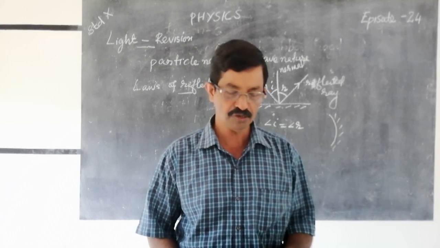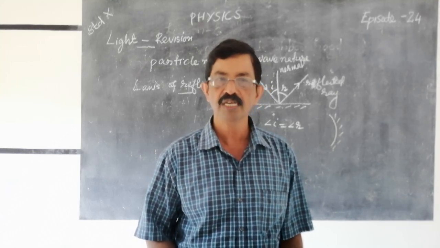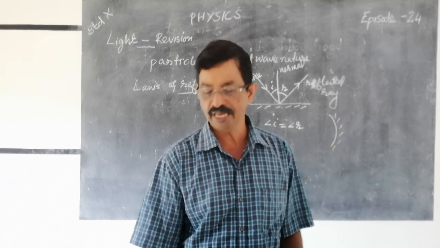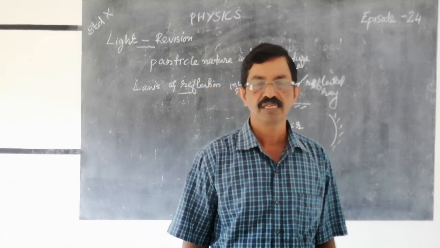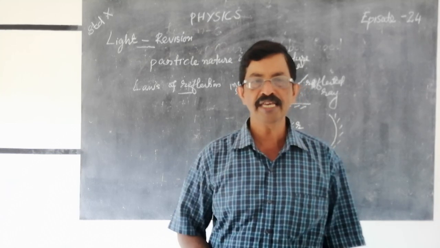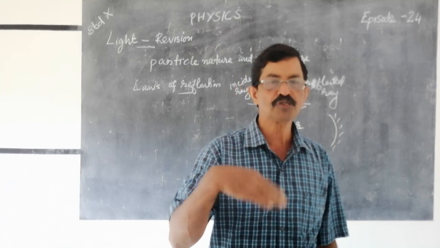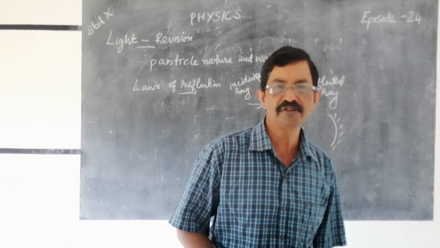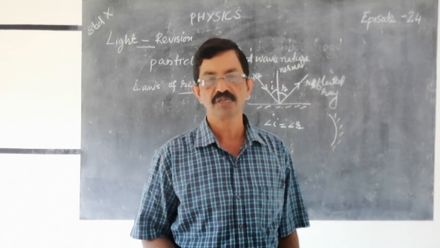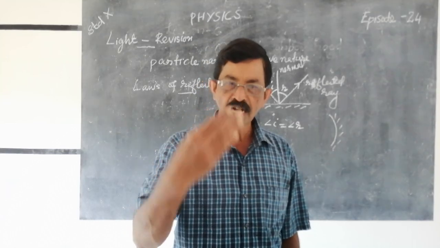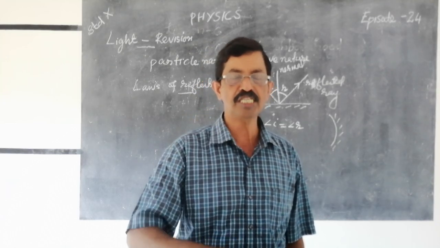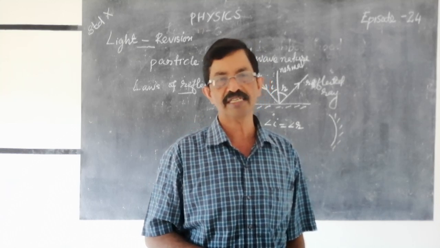Now next question, what are the properties of the image formed by a plane mirror? That means the plane mirror which we use to see our face, or which is placed in our dressing room. How is the image formed by it?